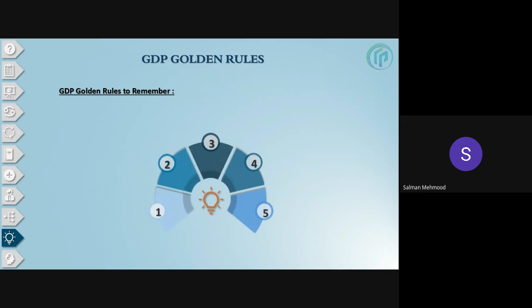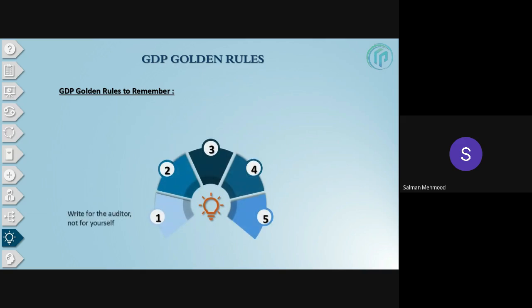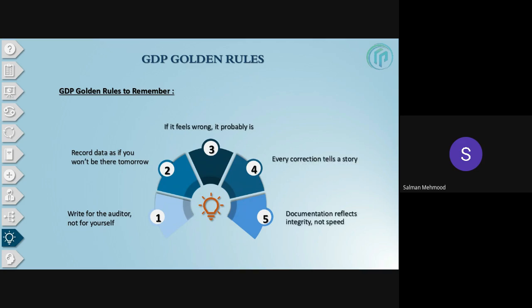So the GDP golden rules: write for the auditors, not for yourself. Record as if you won't be there tomorrow. If it feels wrong, it is wrong.